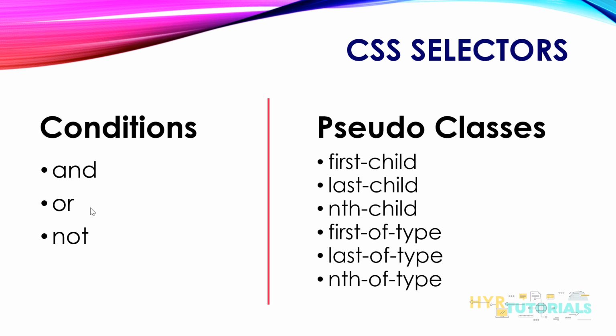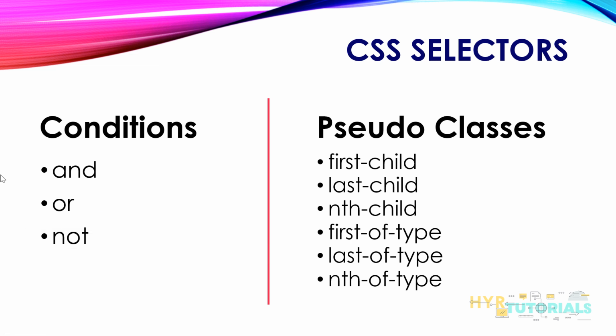The third one is the not condition. You find some elements, and from those elements you want to exclude a few based on some condition. For exclusion, you can use the not condition.